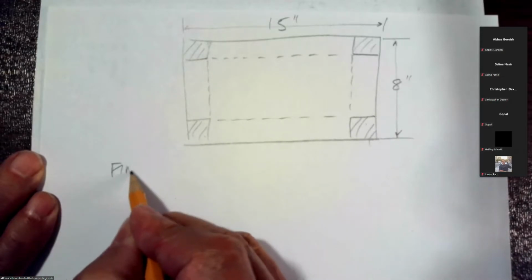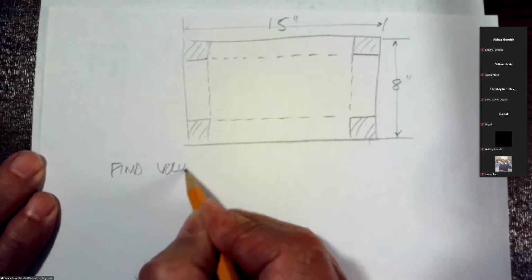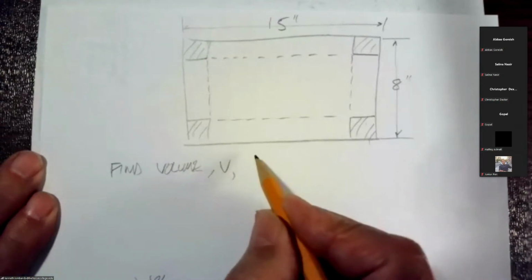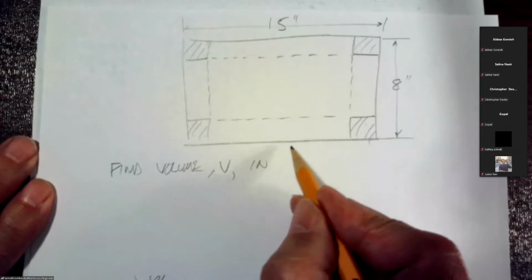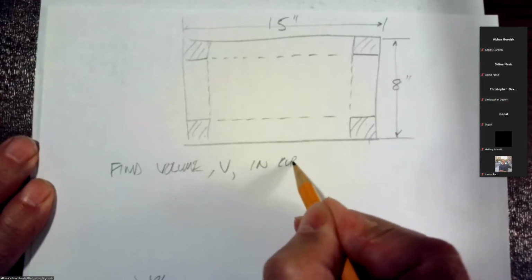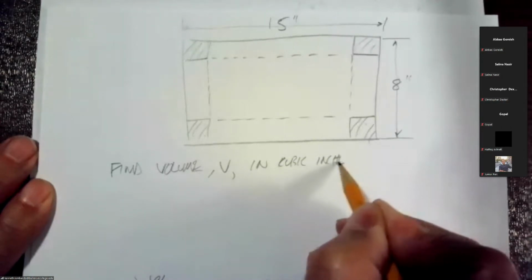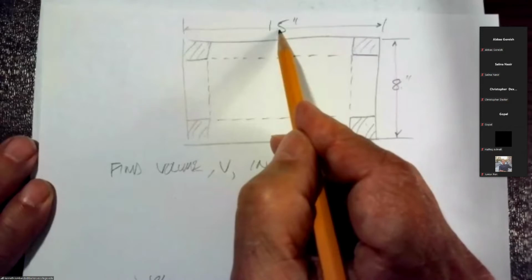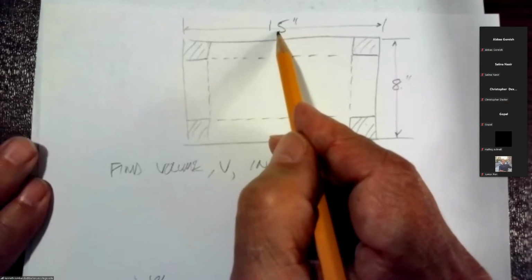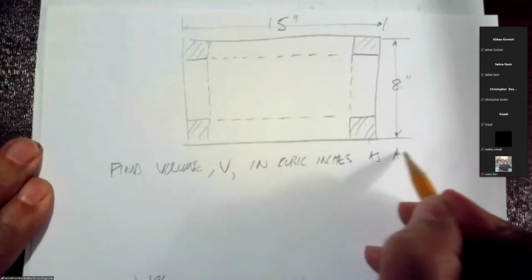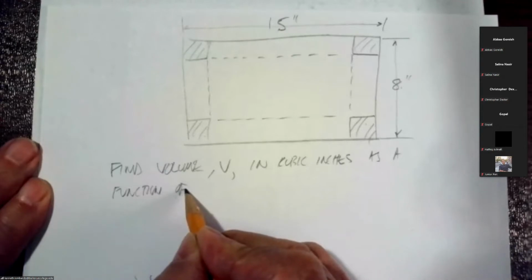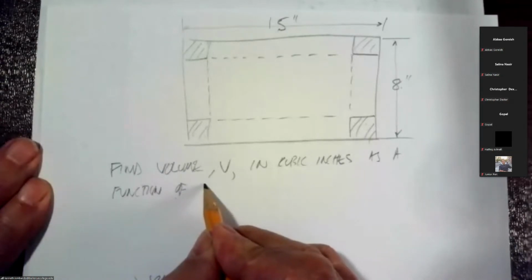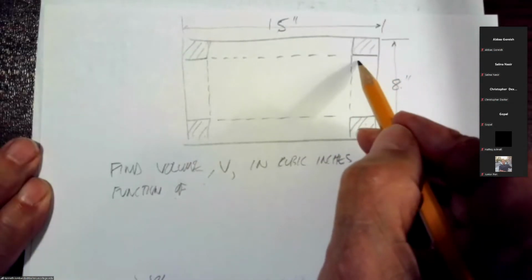So I'm going to say find volume, and let's just call it V, in cubic inches, because these dimensions are in inches, as a function of the size of the cut.